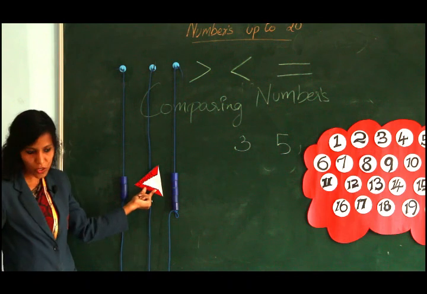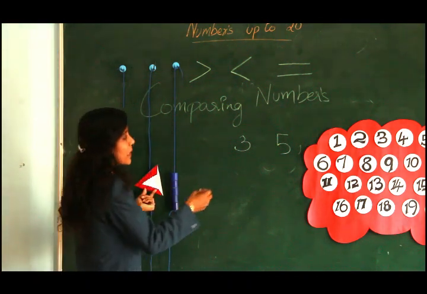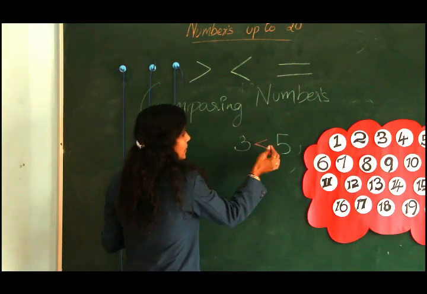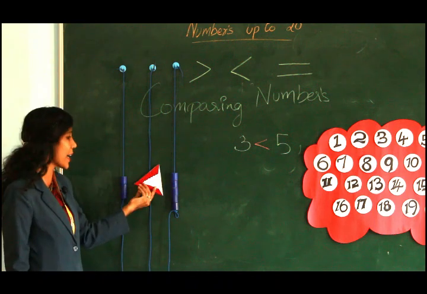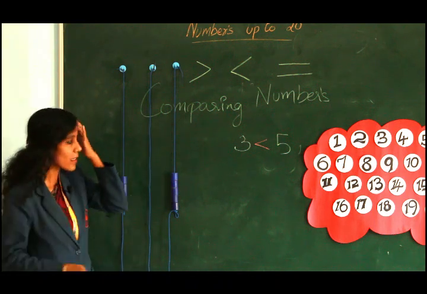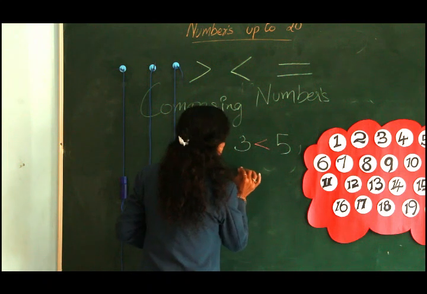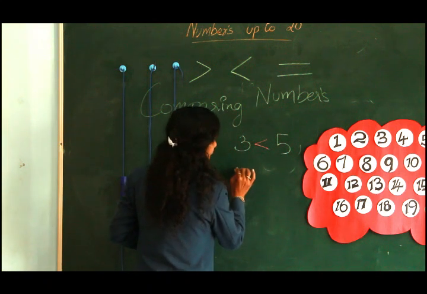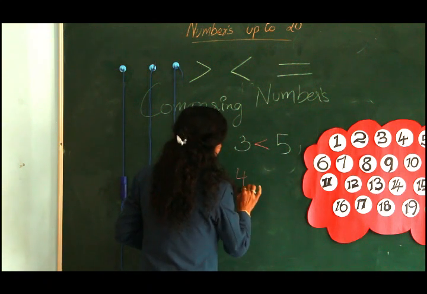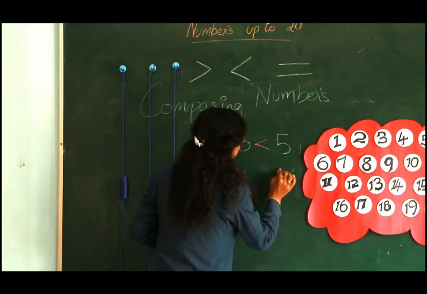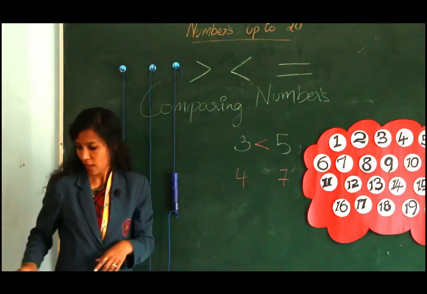The symbol we put here is 3 is smaller than 5. Taking the next, we take the numbers 4 and 7.